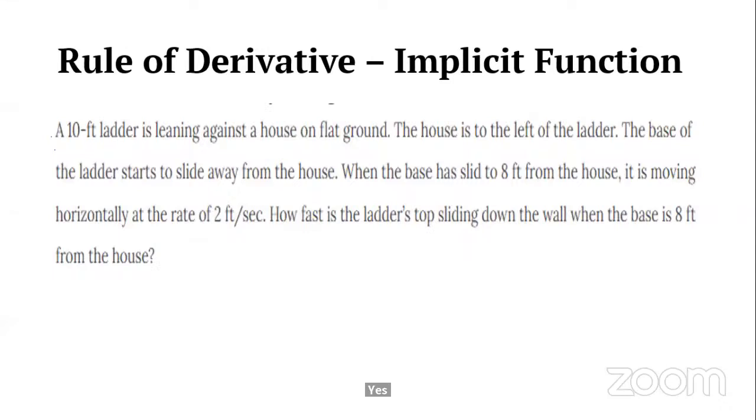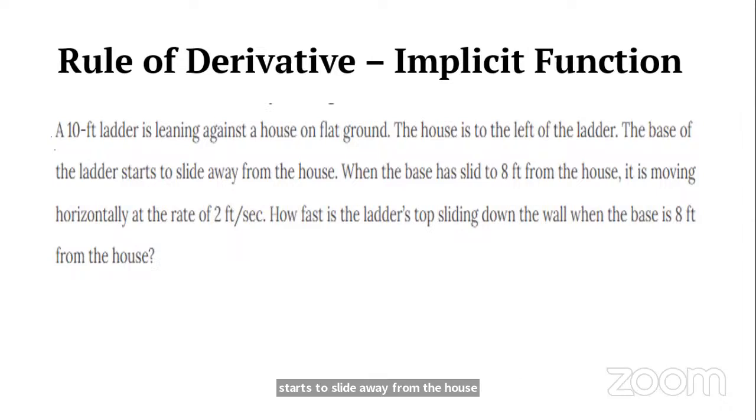The question says a 10 feet ladder is leaning against a house on flat ground. The house is to the left of the ladder. The base of the ladder starts to slide away from the house.